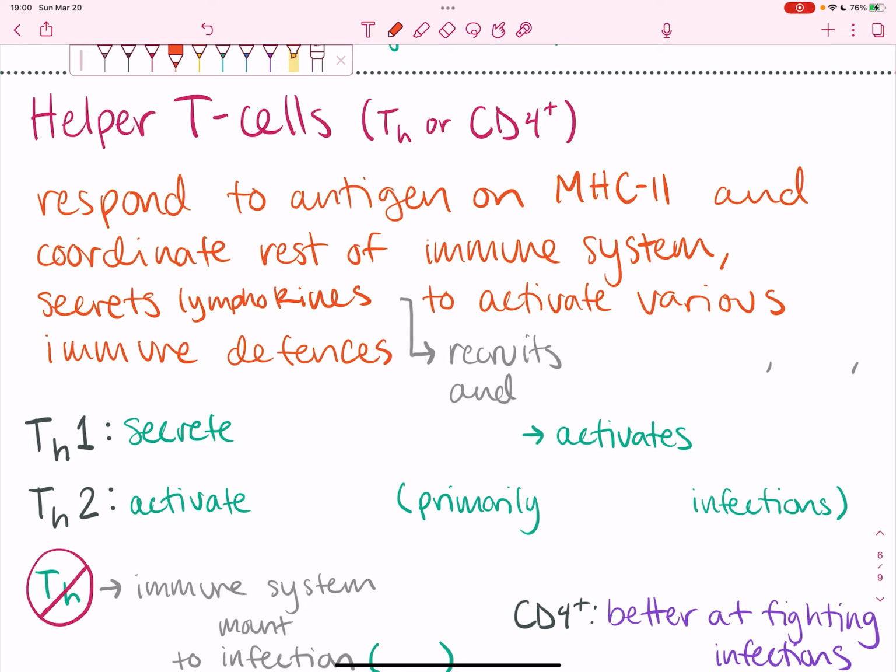So lymphokines recruit plasma cells, TCs, which I will get into, and macrophages. I will explain this in a second.